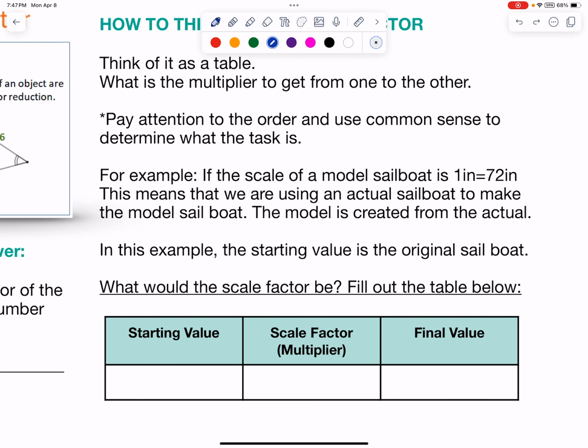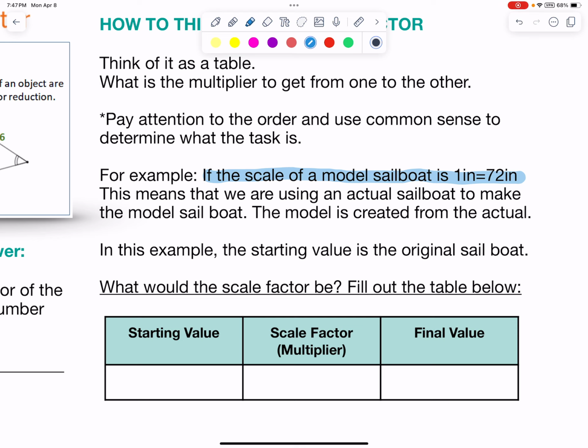So it says right here, if the scale of a sailboat is 1 inch is 72 inches, that means that we're using the actual sailboat to make the model sailboat. You're not going to make the big sailboat because of the model. So the model is created from the actual.